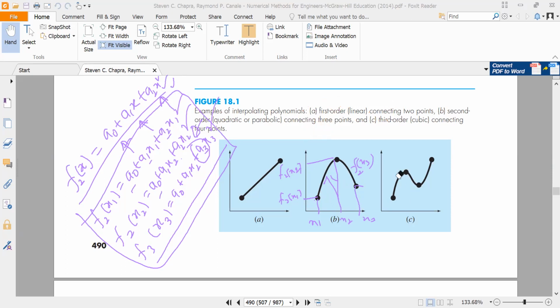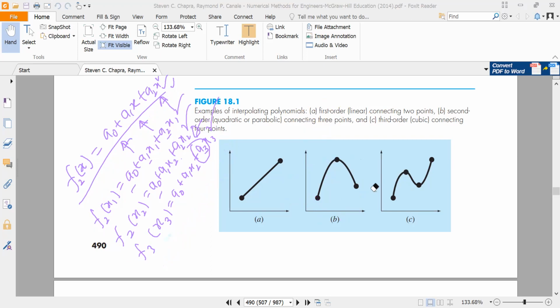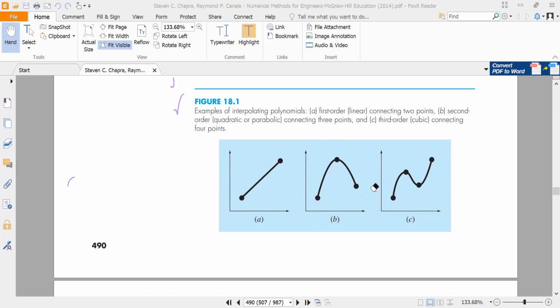A similar thing is there in case C. In your C, how many equations will we have? How many points are there? 4 points are there. If you have 4 points, then what will be the order of the polynomial?